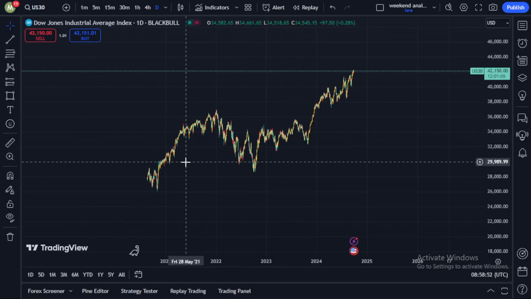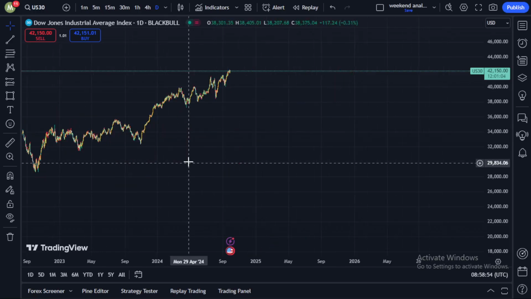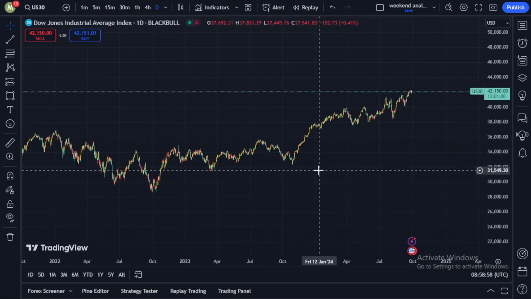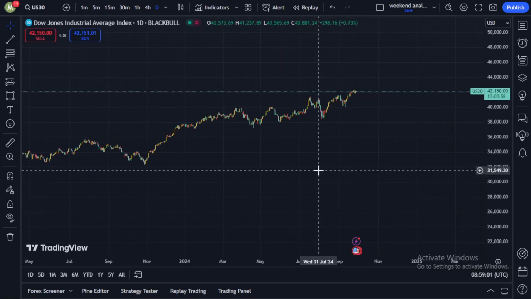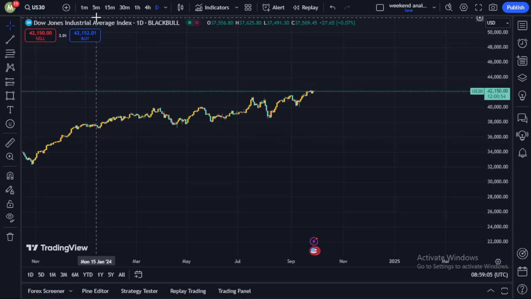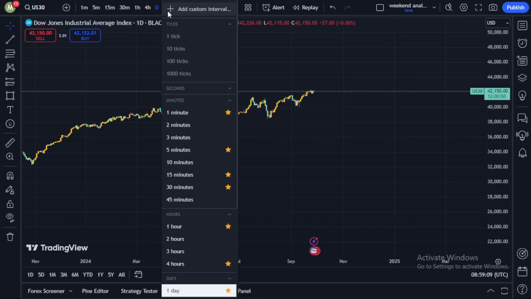On the daily time frame, one candlestick takes a day to form. On the 4 hour, one candlestick takes 4 hours to form. On the 1 hour, and so on. I love to use these time frames because they are also available on our MetaTrader, unlike the 2 minutes, 3 minutes, 10 minutes, so I only use the time frames that are available on our MetaTrader, guys.